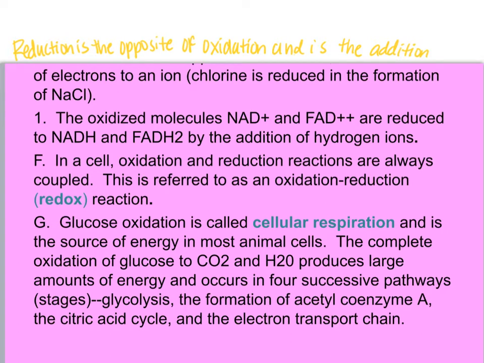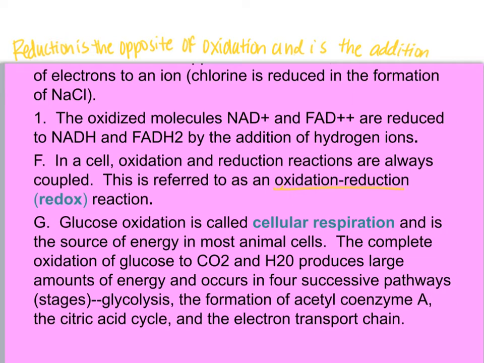So in a cell, these oxidation and reduction reactions are always coupled. So they always happen together. So they're called redox reactions or oxidation reduction reactions. So usually when you see one, you're going to see the other. So glucose oxidation is also called cellular respiration. This is the source of energy in most animal cells.